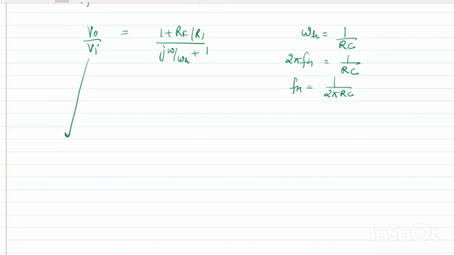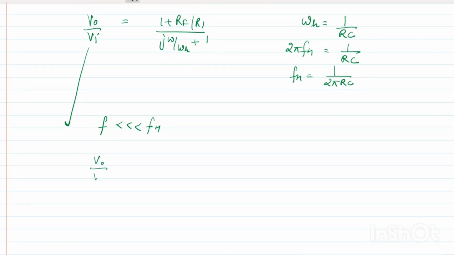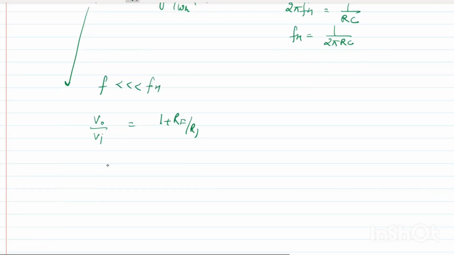Let us see. When f is very much less than fh, what will happen? We know that V naught upon Vi, when f is very much less than fh, is just 1 plus Rf upon R1. ये जल्दी समझेगा अभी, क्योंकि मैंने बताया कि f is less than fh, we can neglect this term. We have just 1 plus Rf upon R1.